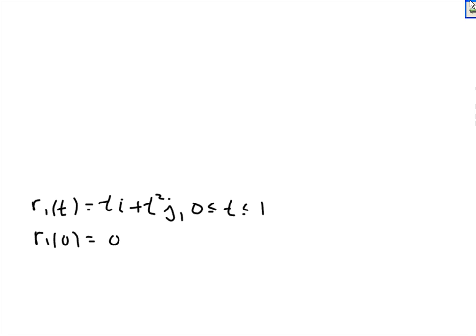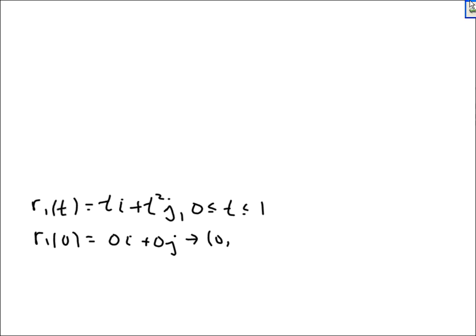The first one told us that R1 of t was ti plus t squared j, and that t went between 0 and 1. Well, when t is 0, R1 of 0 is 0i plus 0 squared, which is 0j.